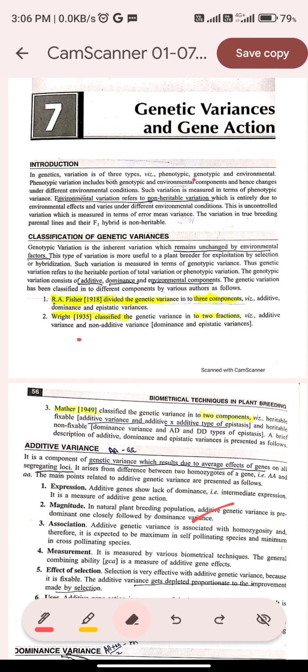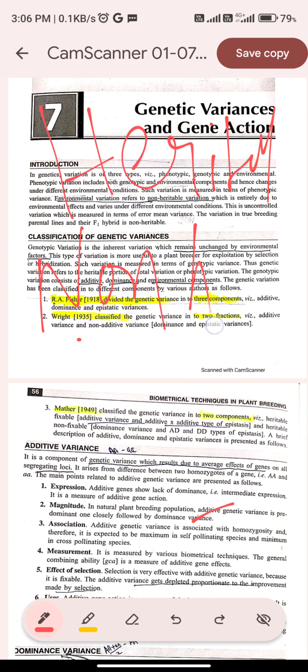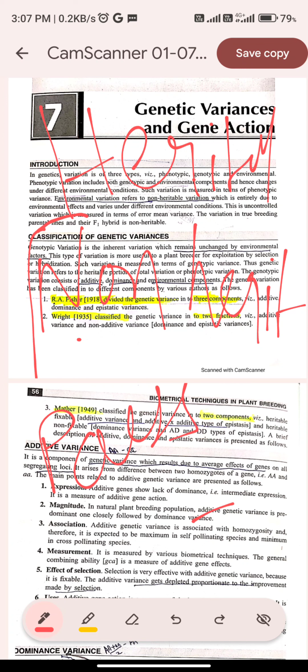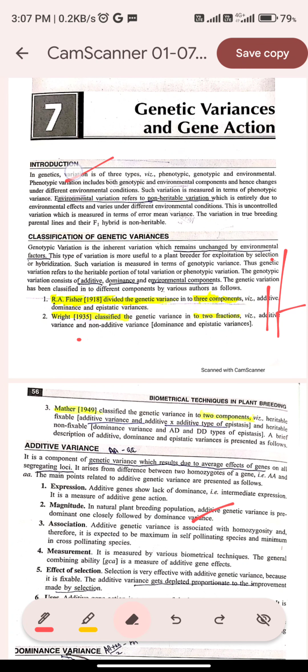Now another term that we come across is heritable variation and non-heritable variation. Heritable variations are those which can pass from one generation to another generation.